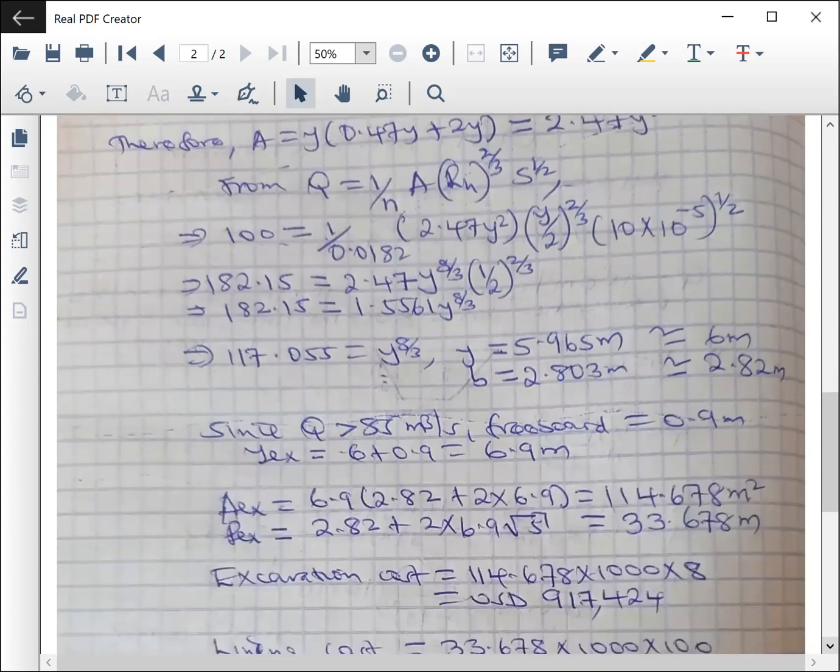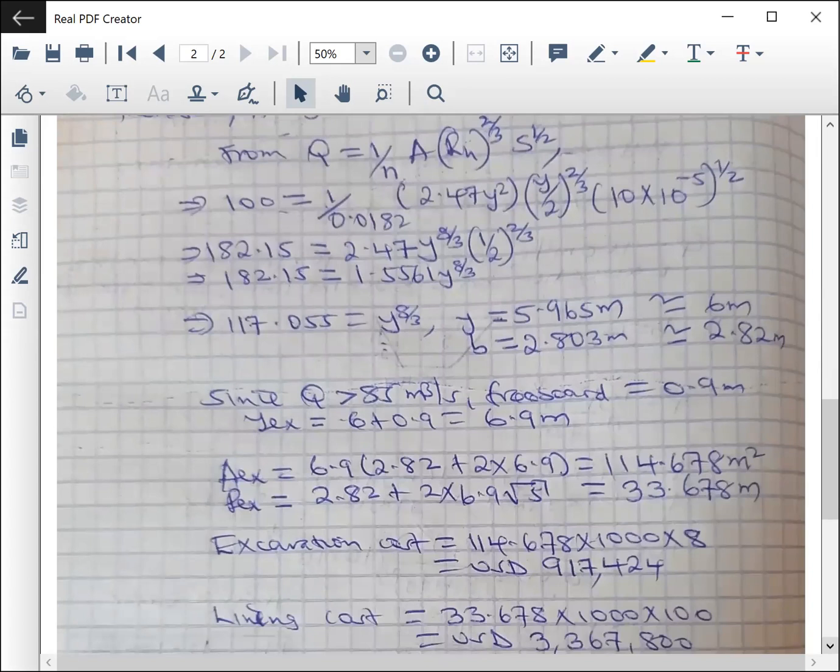And like we said earlier, since Q, the discharge, is 100 cubic meter per second, which is greater than 85 cubic meter per second, you have to add a freeboard of 0.9 meter. So the excavated depth will be 6 meter added on to 0.9, which is freeboard, giving us 6.9 meter.